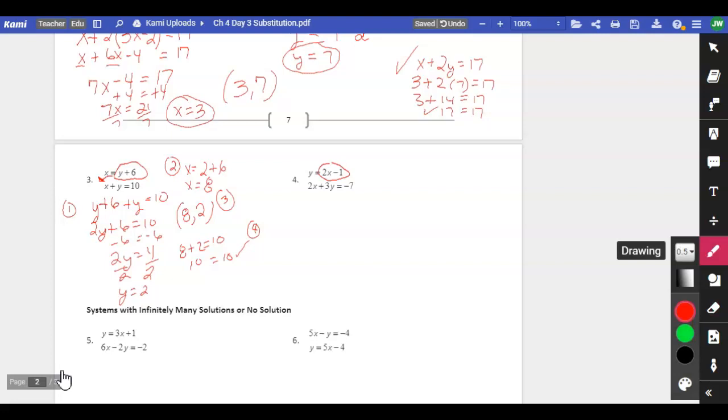Well, from our other examples, we know that we have to eliminate a variable, so we're going to eliminate the y, because y is the same thing as 2x minus 1. Those two are equal.